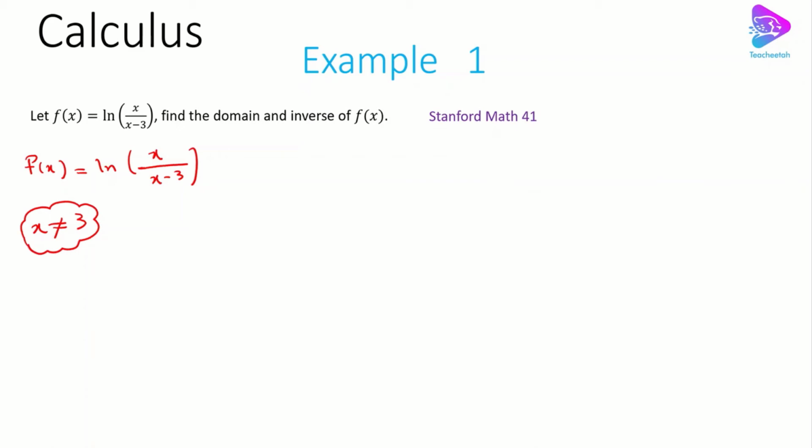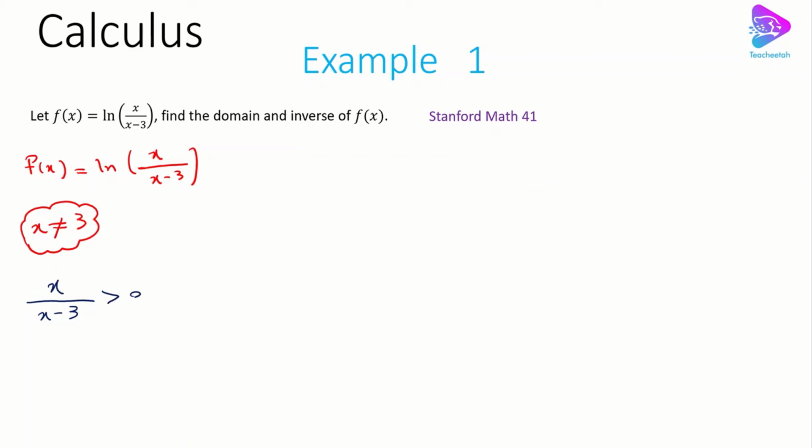This is the first thing that we can understand from this function. The second thing is when the natural log is defined. In fact, when we plug in a positive number inside the natural log, it is going to be defined. Therefore, the fraction x over x minus 3 should always be positive.